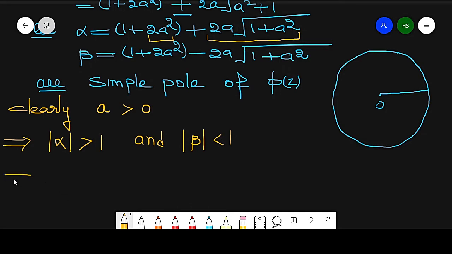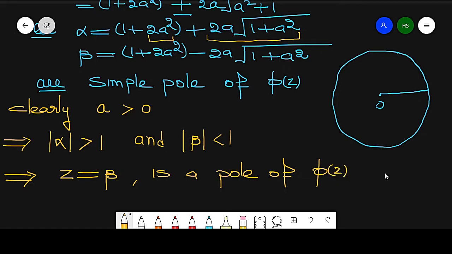So it implies z equal to beta is a pole of phi z which lies inside the circle C. So this is beta and this is alpha.